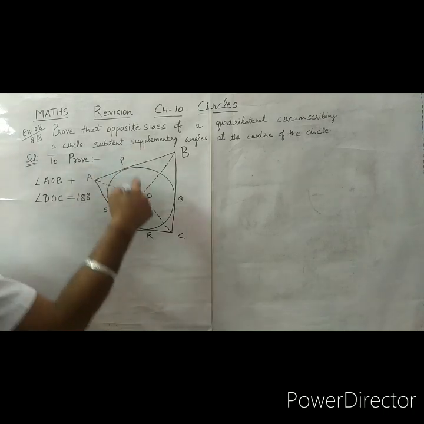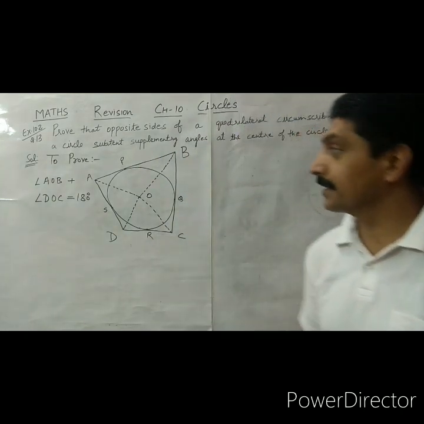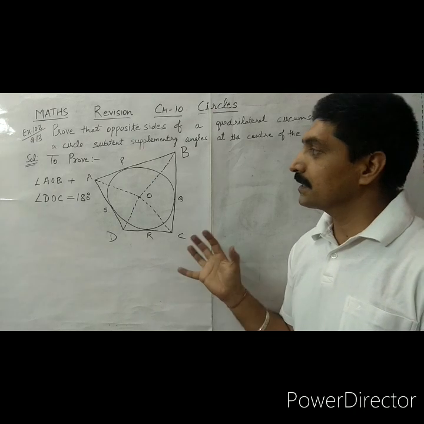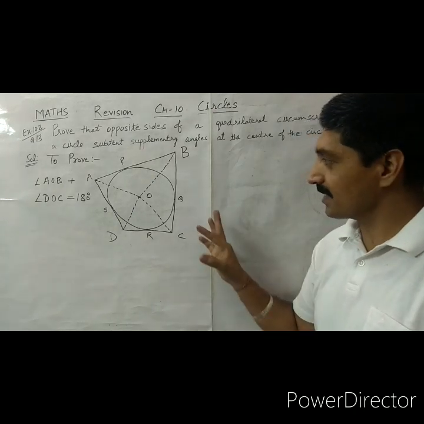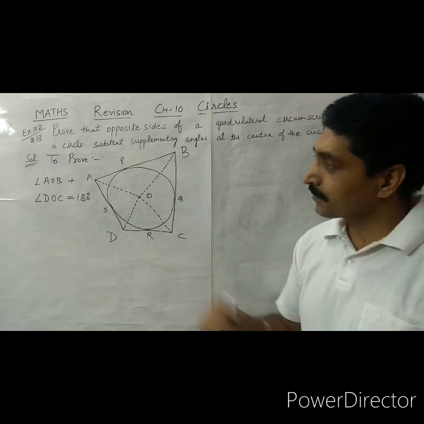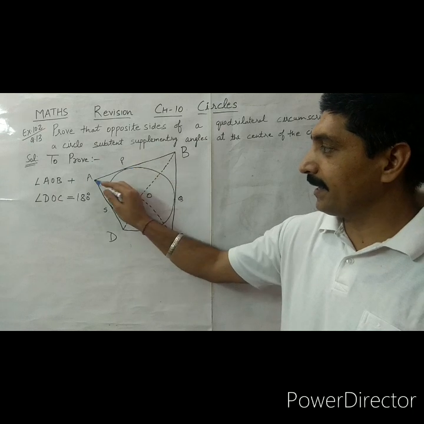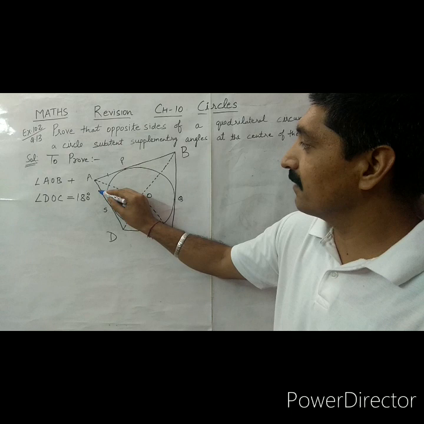That they are both, their sum is supplementary, 180 degrees. So we will apply the concept of the length of the pair of tangents. Length of the pair of tangents is always equal. Here A is the external point, AP and AS are the pair of tangents, their length is always equal.